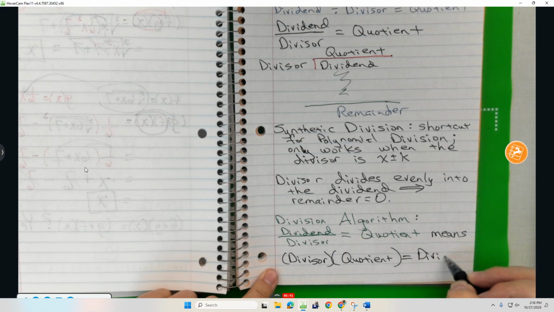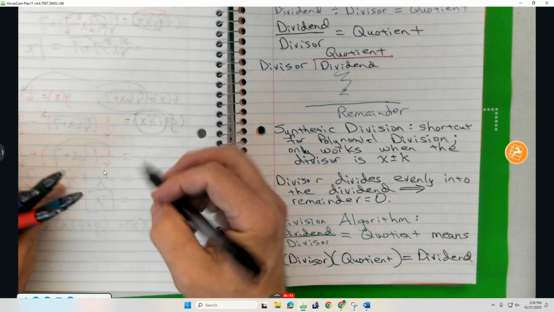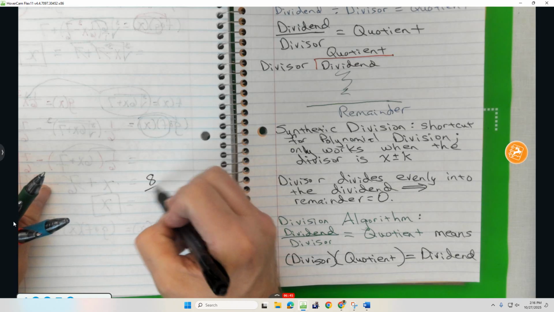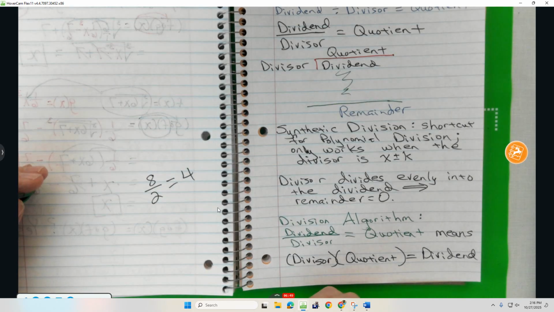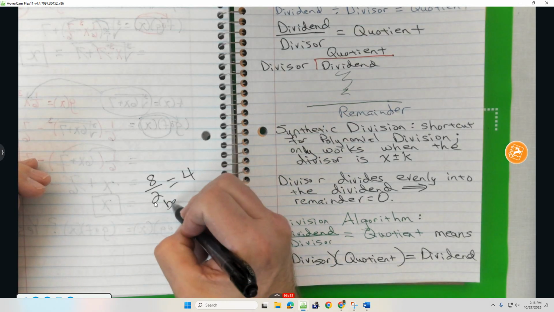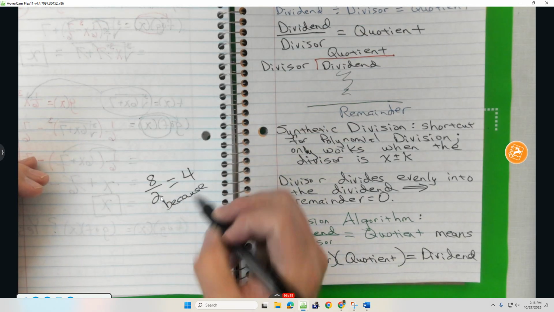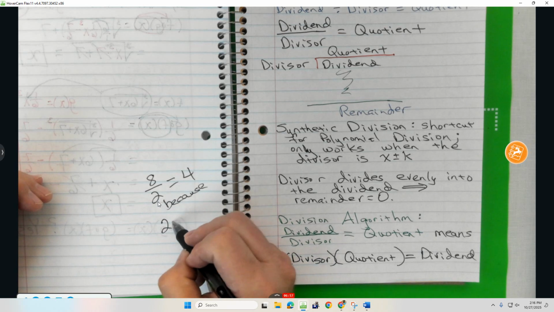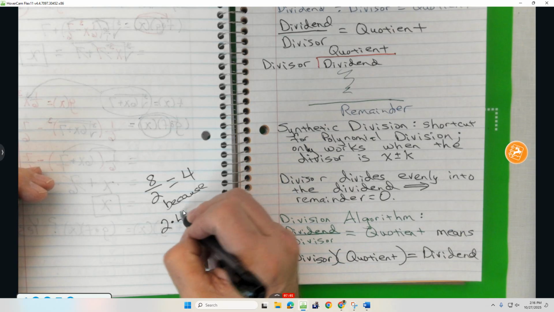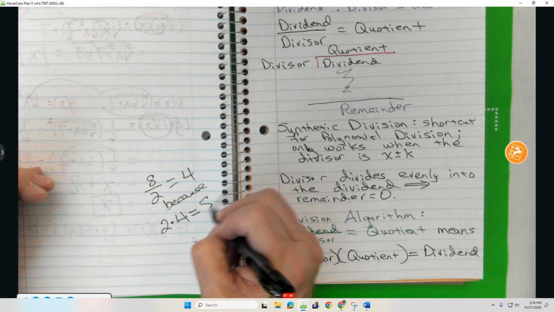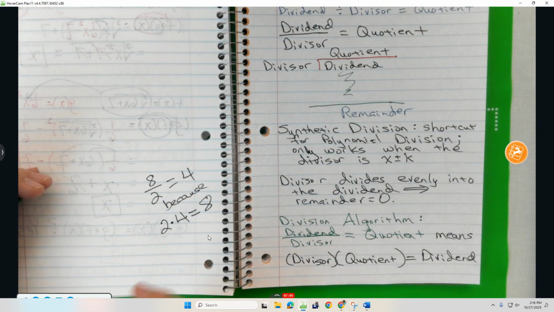Let me write an example right here. 8 divided by 2 is equal to 4. Why does 8 divided by 2 equal 4? Because if you take the divisor 2 and multiply it by the quotient 4, you get the dividend 8.